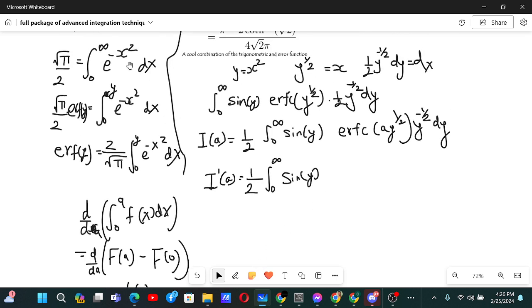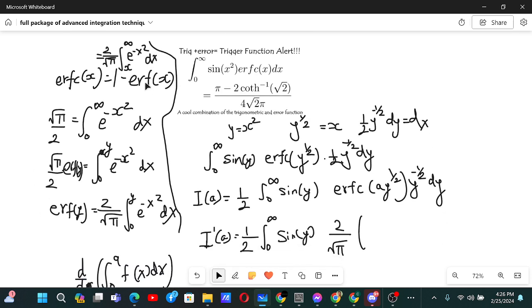So what we will get is 2 by root pi, and this is 1 minus the integral of erf of x. So from this we get minus, and the derivative of this function will be just e to the power minus, in this variable, a y to the power 1 by 2, squared.